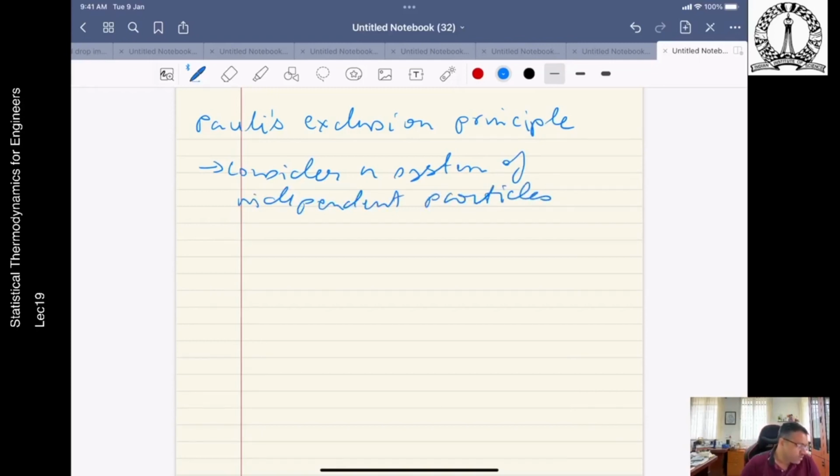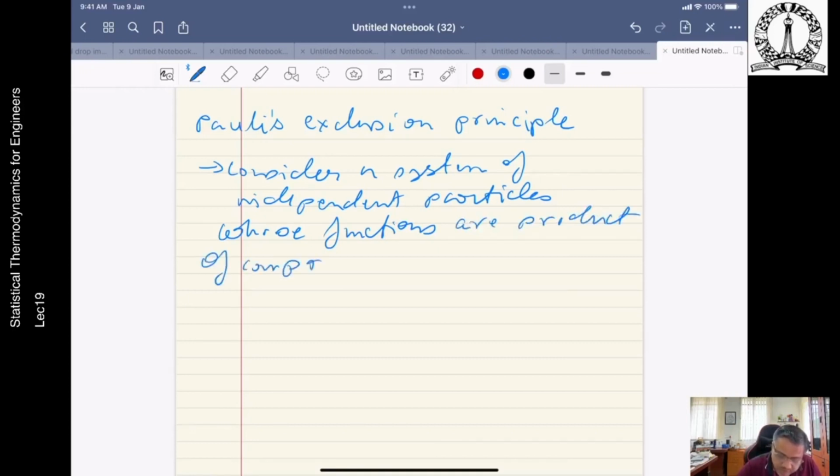Whose wave function is multiplicative. It's a product of the component wave functions. So let's take a two-particle system.